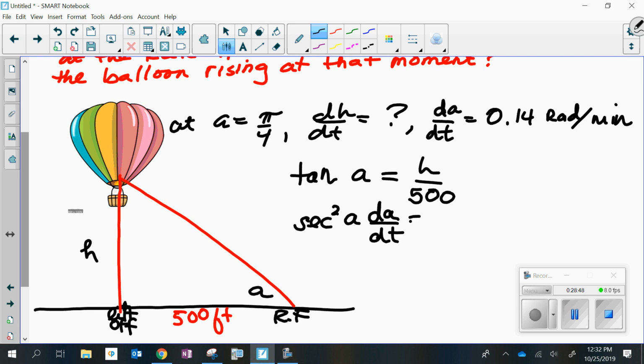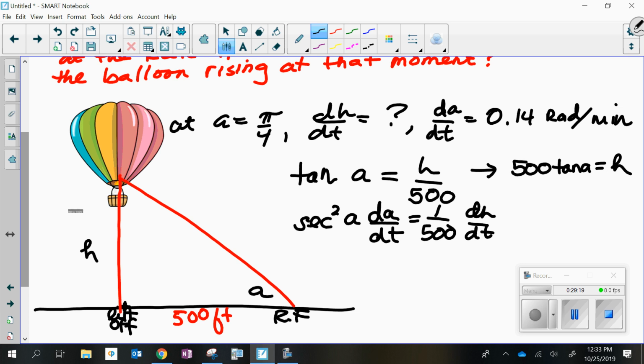It's implicit, so you have to put it in there, even if it's not dealing with time. And what is the derivative of H over 500? How about just 1/500 dH/dt? If the division bothers you, the 500 could go over here as a constant. You could make this 500 tangent A equals H if you wanted to.